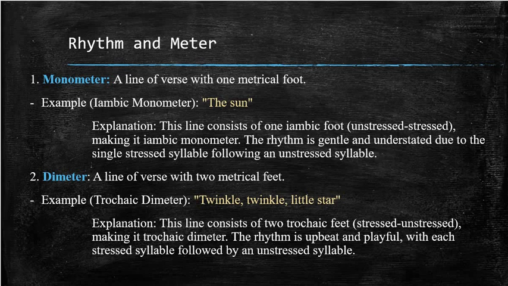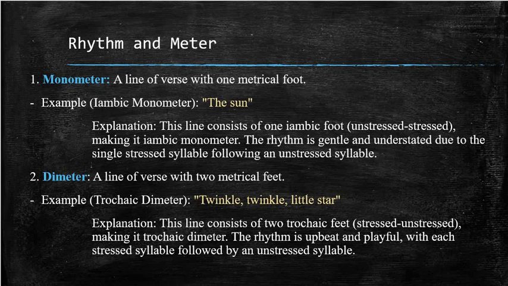For example, iambic monometer: the sun, the sun. So we have the unstressed, the, stressed, sun. In a dimeter, a line of verse consists of two metrical feet.